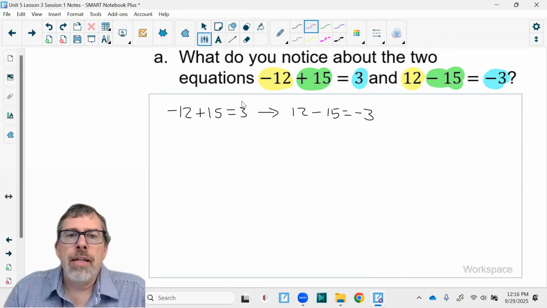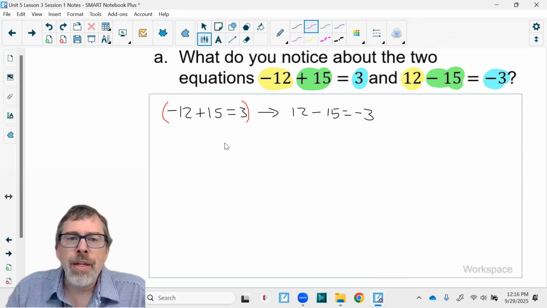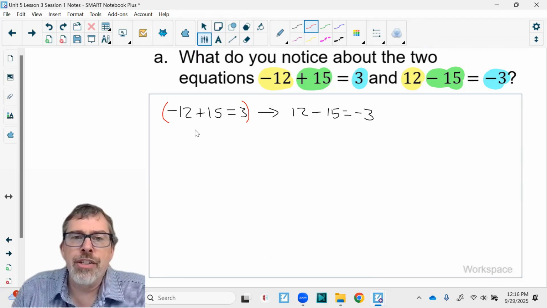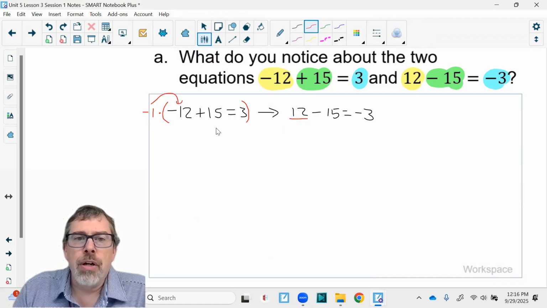My class had a bit of a struggle with this, but all you have to do is either multiply or divide by the inverse of the identity. The additive identity is 0, but the multiplicative identity is 1. So if I multiply this by negative 1, a negative 1 times a negative 12 is positive 12.